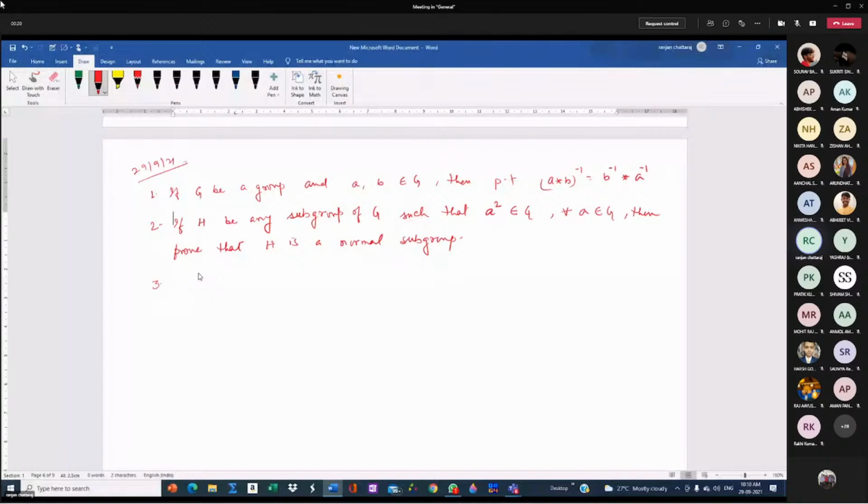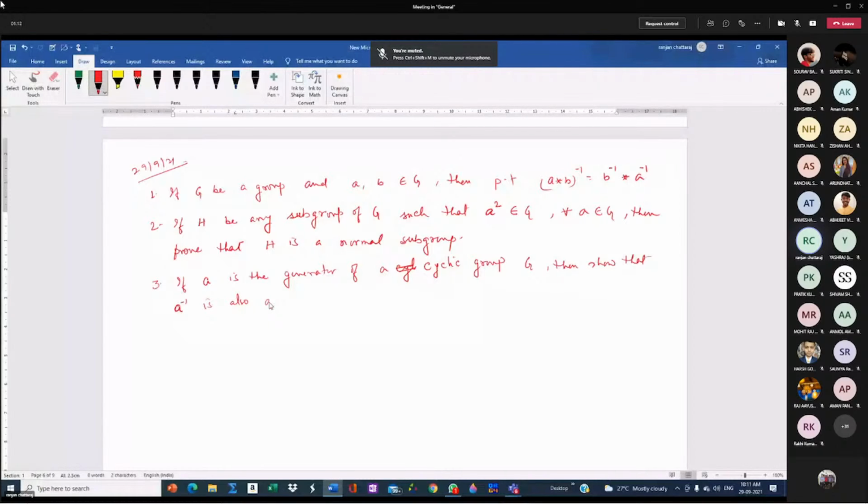Simply I'm writing, if A is the generator of a cyclic group, any cyclic group, suppose G, then the inverse of A, denoted by A inverse, is also a generator of the cyclic group.